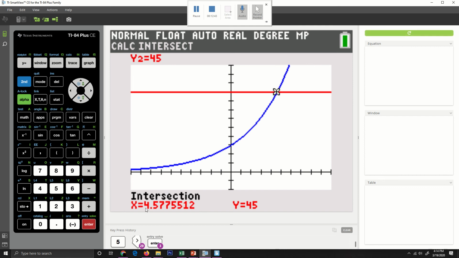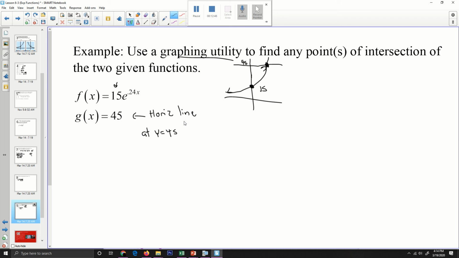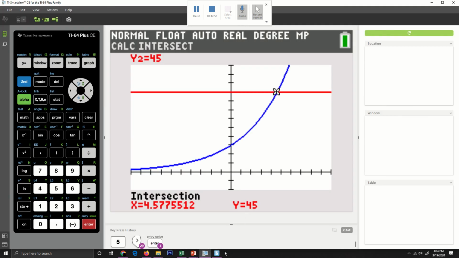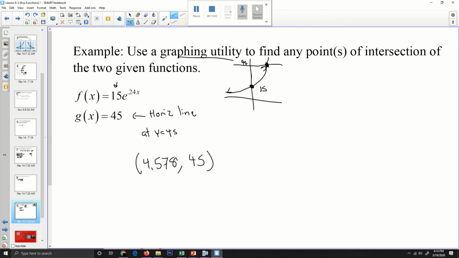And my intersection point is 4.578, comma 45 because it has to. That is what the y equals. And we see that's true right there. Box that up. Point of intersection. And that's it. And that's all I got for today, folks.